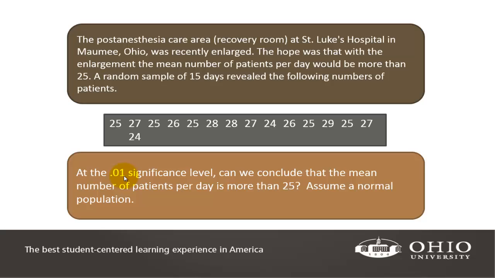One was the Z and one was the T. The Z calculation was appropriate if you knew the population standard deviation. The T was appropriate if you did not. In this case, we do not have the population standard deviation. We don't have anything more than the sample data. So this is all we know.